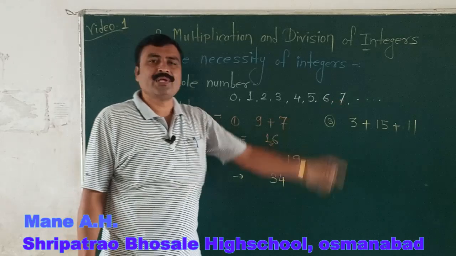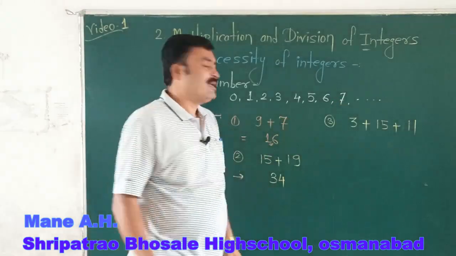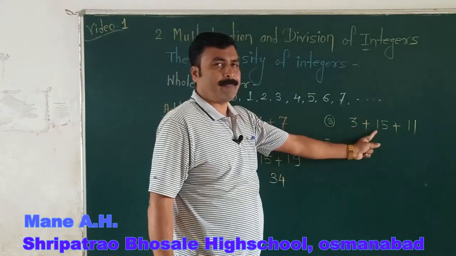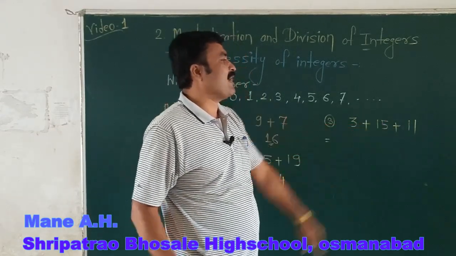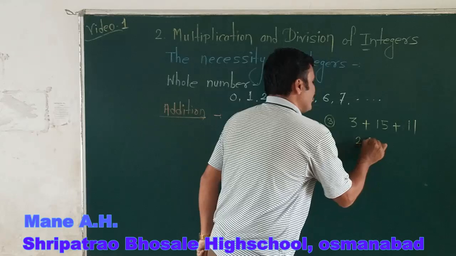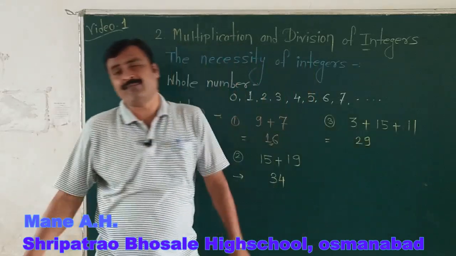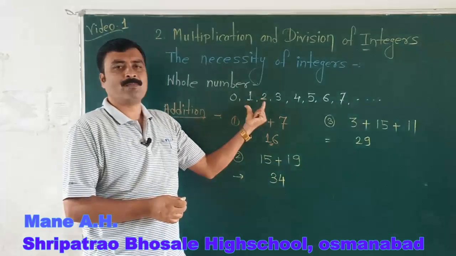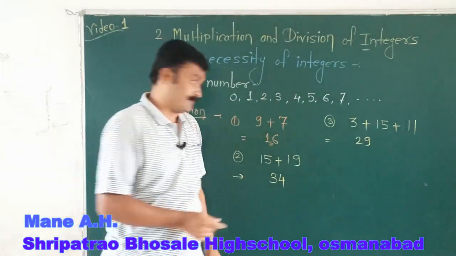Now all these three are whole numbers. If you add 3 plus 15, that is 18, 18 plus 11 comes to 29. Now 29 also belongs to the group of whole numbers.